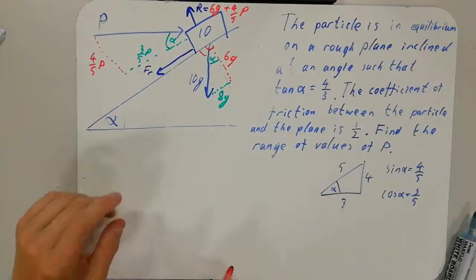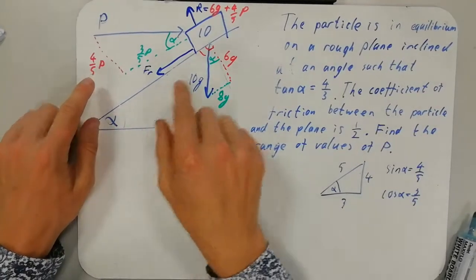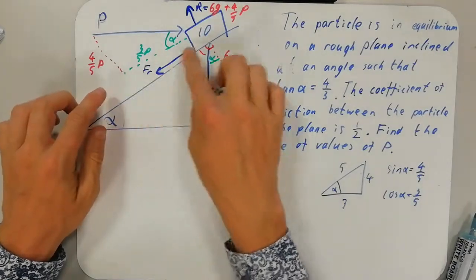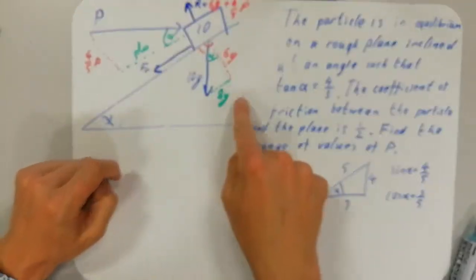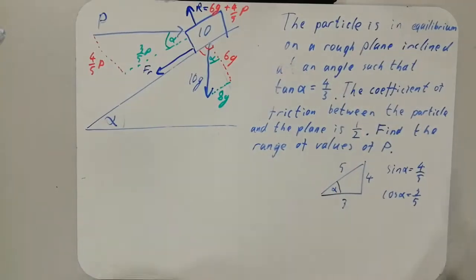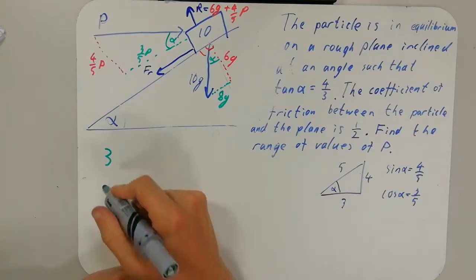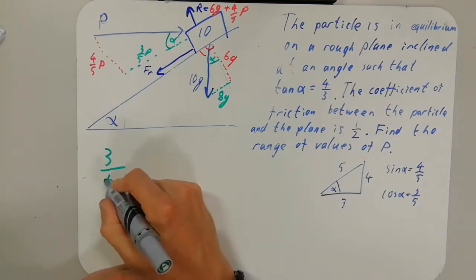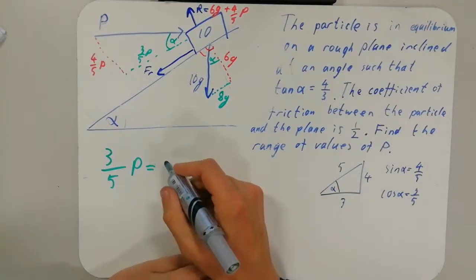Cool. Nearly there. Now what we can say is that our parallel forces, that force pushing up and those two forces, friction and 8g pulling down the plane, must be equal. Because it's in equilibrium, we know the forces are balanced. Forces down the plane equal the forces up the plane.